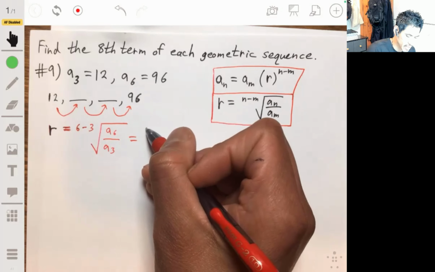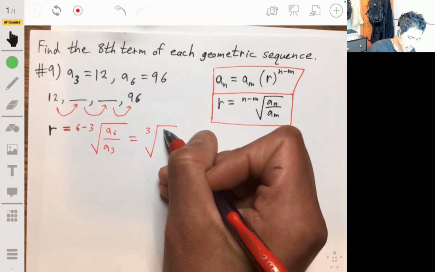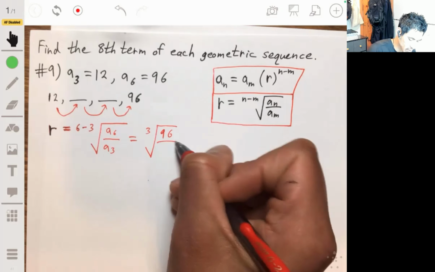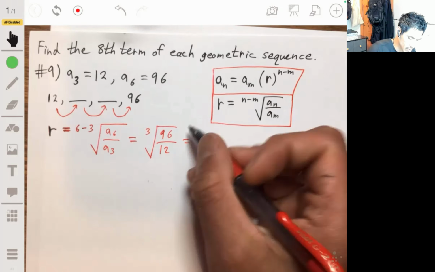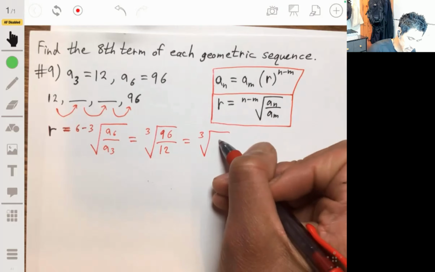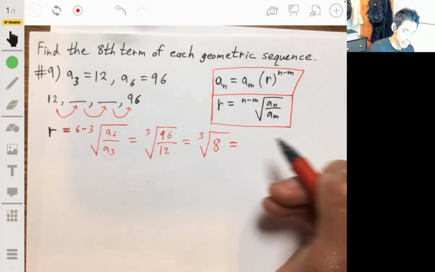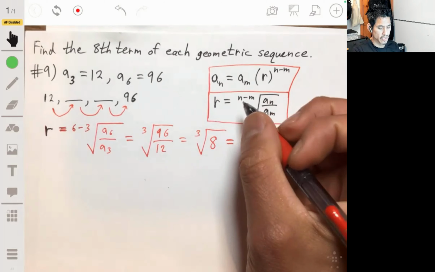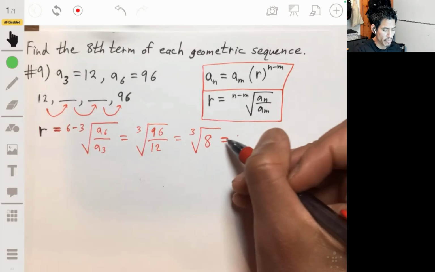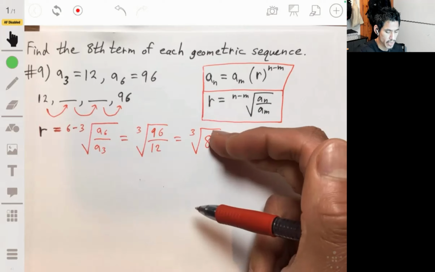Evaluating this, we'll have the third root of 96 over 12, or the third root of 8, which is the number that we raise to the third power to give you 8.